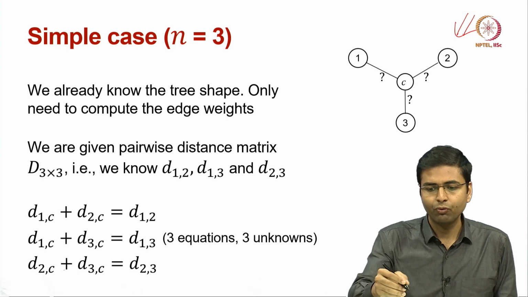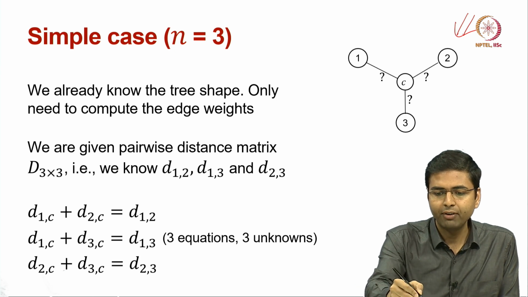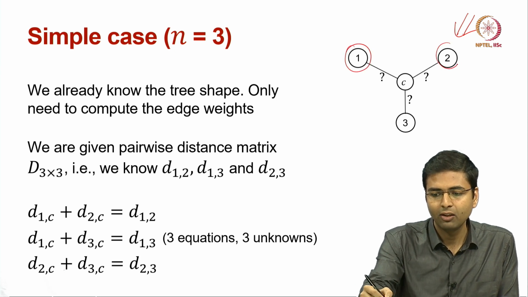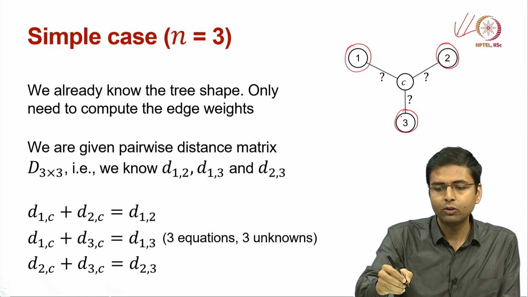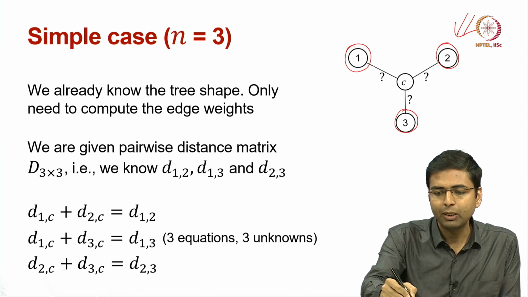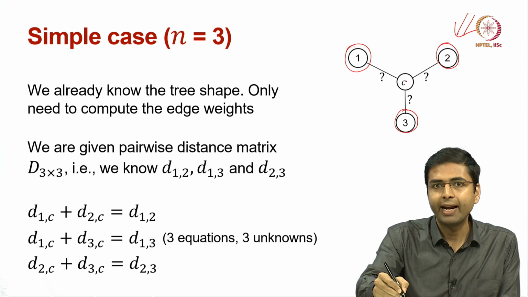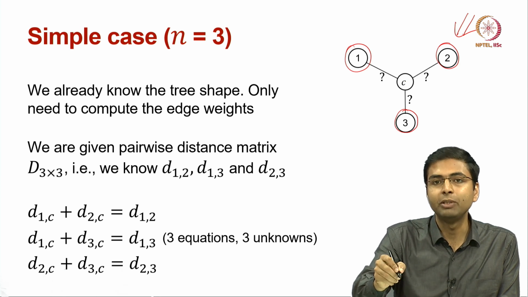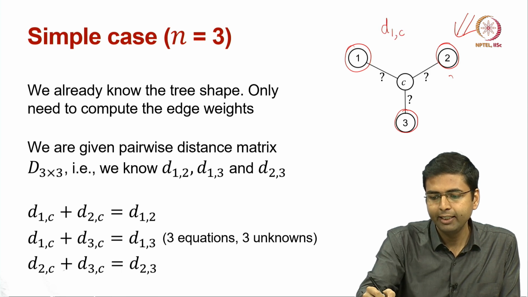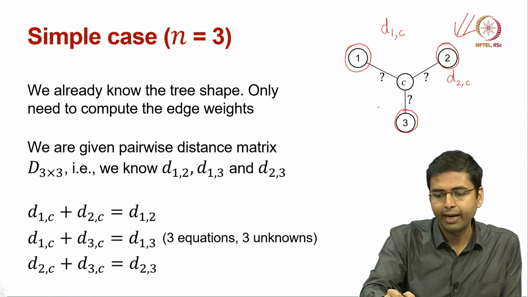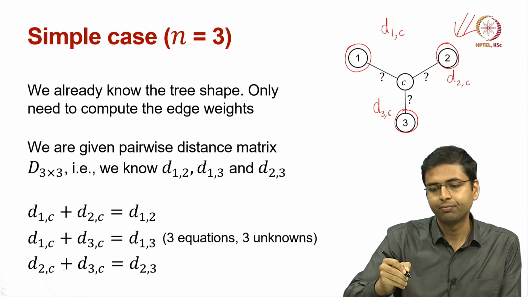So given the 3 objects we are interested in, all we need to do is to define the edge weights between the internal node and each of the 3 species. That is, we have to figure out D1,C, D2,C and D3,C.